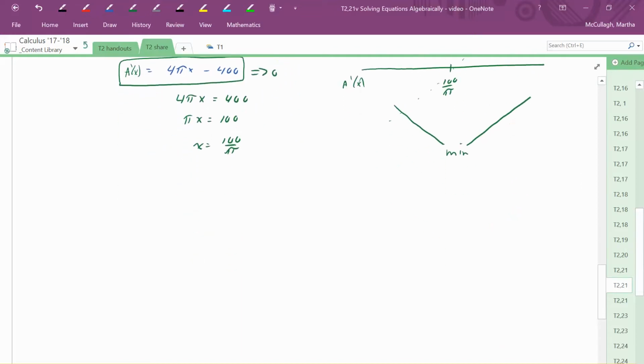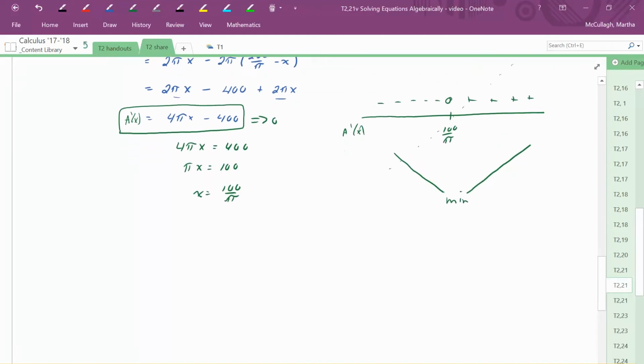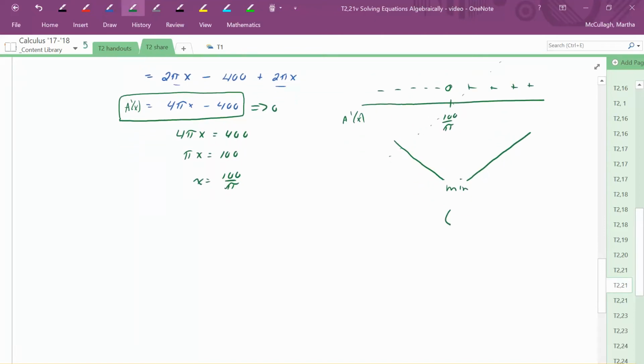So now I want to find the point. If I want to find the point, this is my x value, 100 over pi. I need my y value. So coming back to my original equation, I have A equals pi x squared plus pi times 200 over pi minus x, quantity squared.